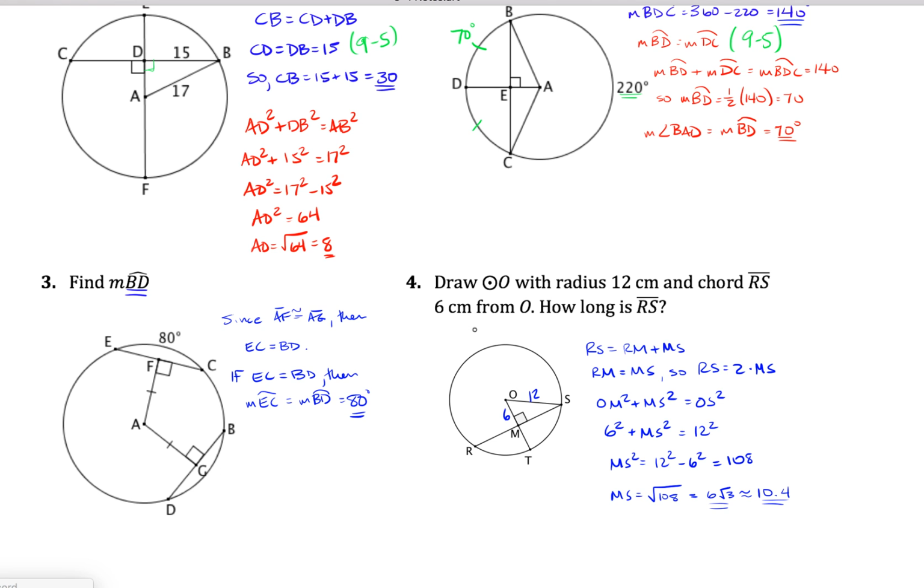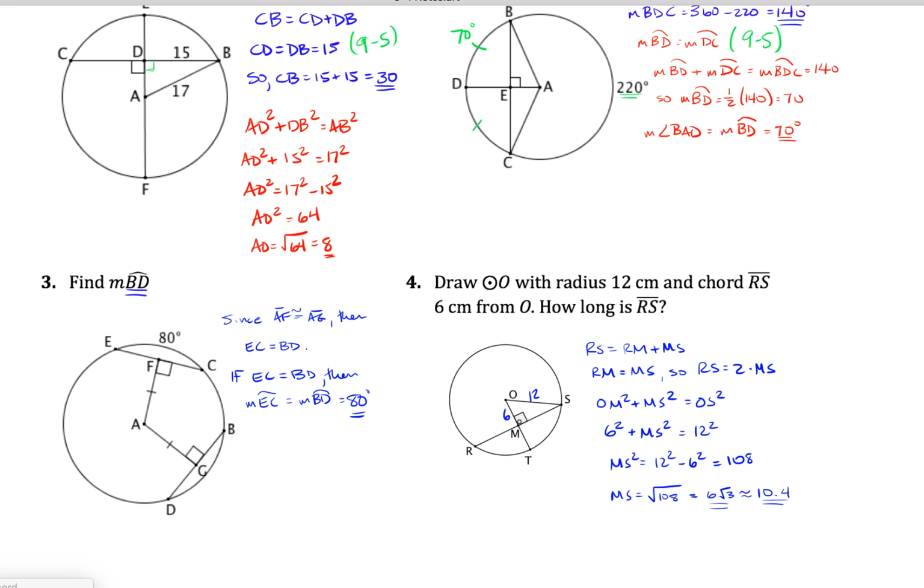Lastly, in number 4, you had to draw a quick picture, so I went ahead and used a drawing program to do my picture because it would have looked really bad if I tried to draw it freehand. So we have circle O that has a radius of 12, and we have chord RS that is 6 centimeters away from O. So this little segment right here is indicating the distance that chord RS is away from the center O. So that's a 6.